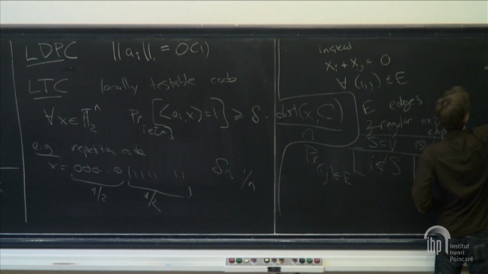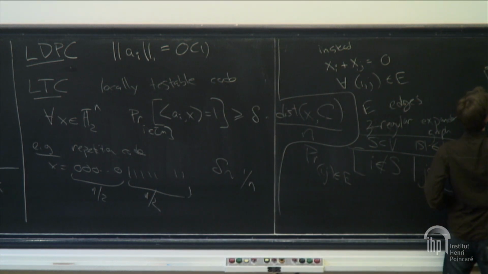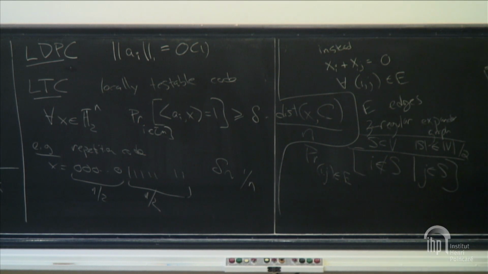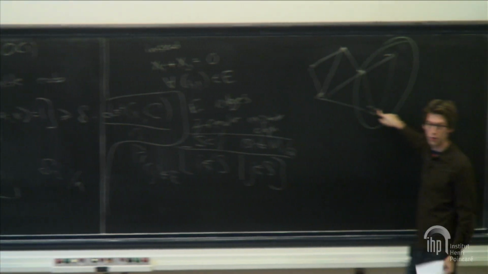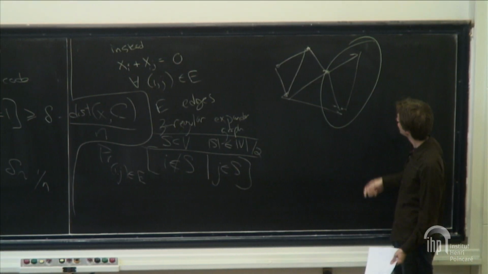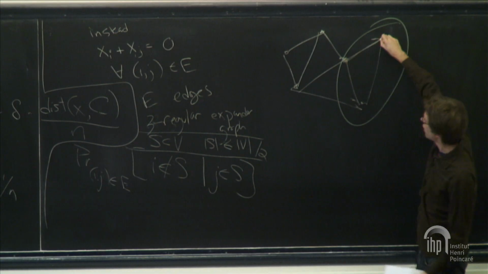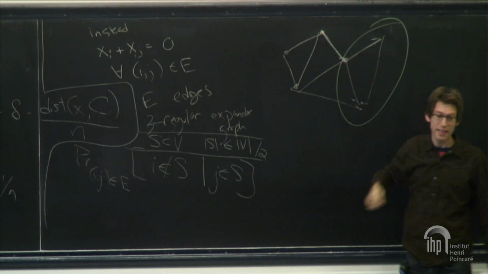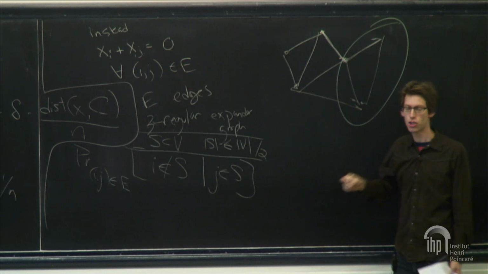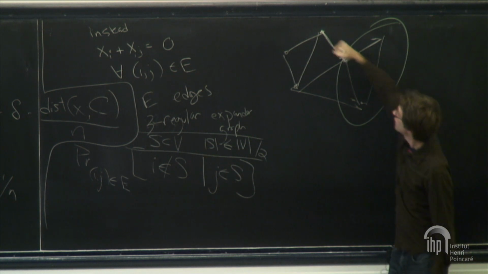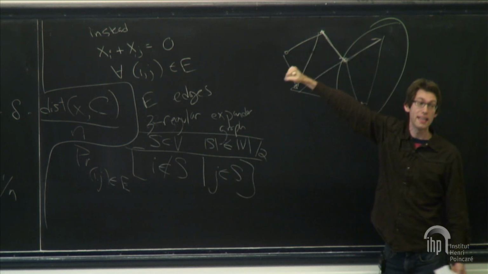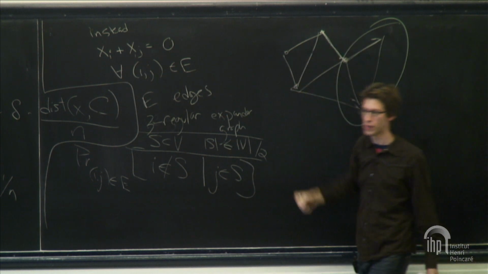So, here's my graph. And then let's say S are these 3 vertices. If I choose an edge, there are some edges entirely within the set, and some that leave the set. What is the probability that if I choose one endpoint in the set, the edge is leaving the set, that the other endpoint is out of the set?